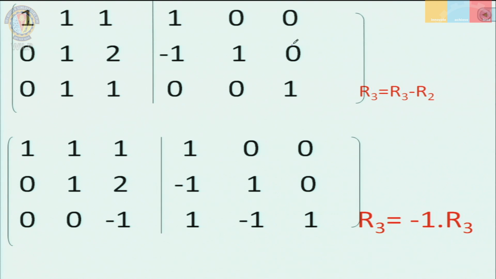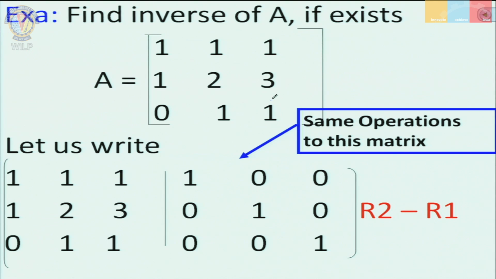R2 has to be replaced by R2 minus R1. So, this 0 minus 1, 1 minus 0, 0 minus 0, the same operation has to be done here also.